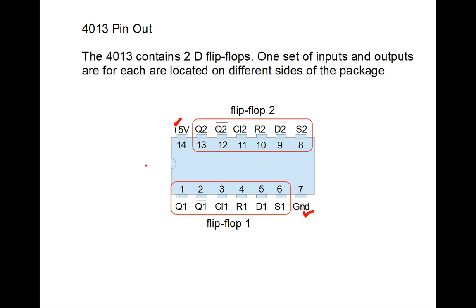There are 2 flip-flops, so we would put a bundling board down the middle, and flip-flop 1 happens to have its outputs along pin 1, pin 2. Here's your clock, here's the reset, here's the set, and here's the D or the data input. So you just put them along there. This pattern is repeated identically on the other side.